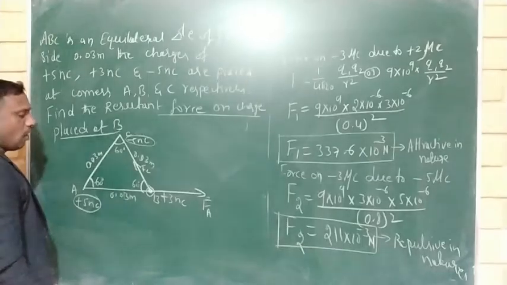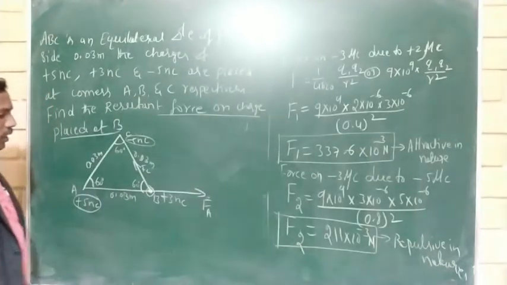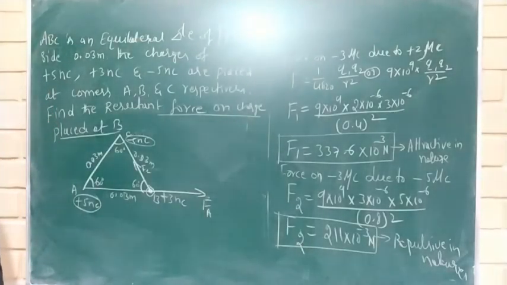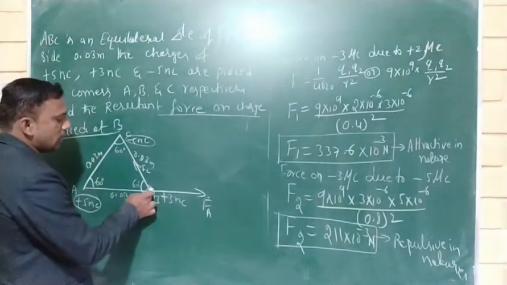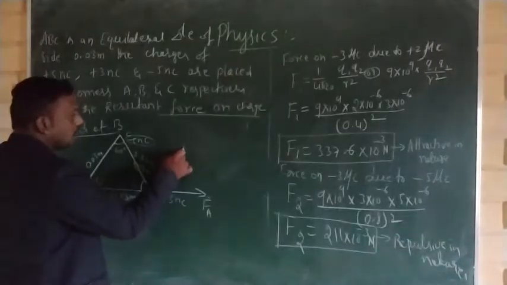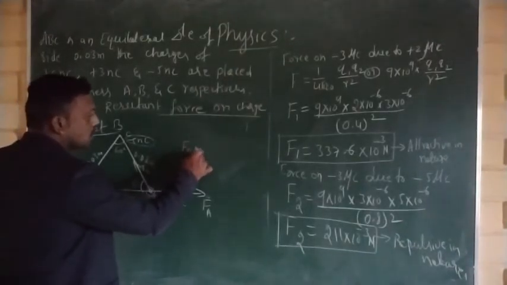Therefore, what is the resultant force? The resultant force acts in this direction. This is F net, the resultant force. What is F net?